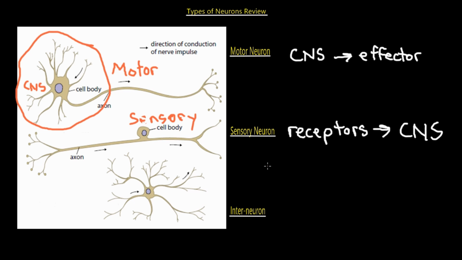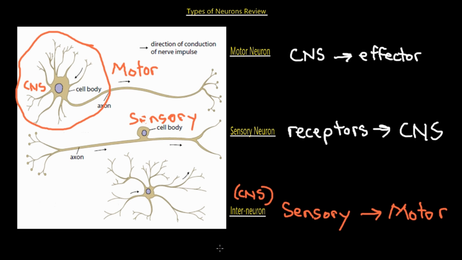Now, the interneuron is also called the relay or connector neuron. Its function is to transmit impulses from the sensory neuron, the impulse from the environment, to the motor neuron, and these are located in the central nervous system.